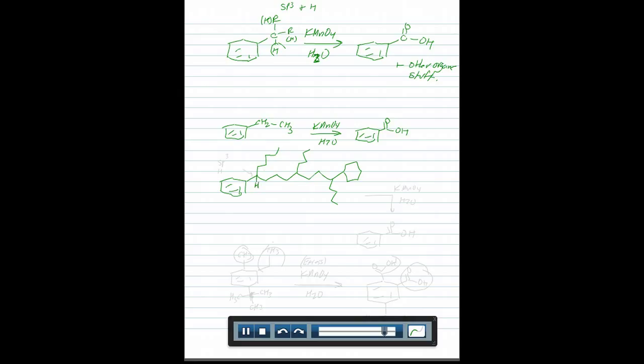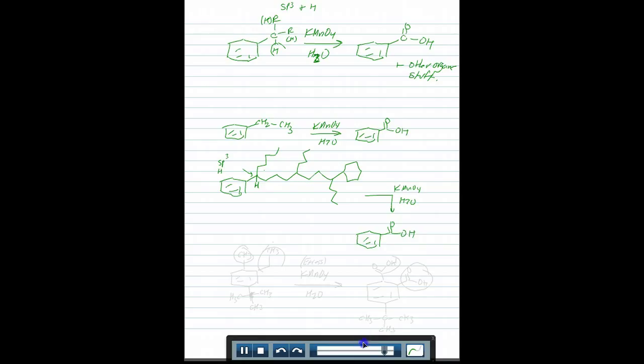I got a lot of carbons, but my benzylic carbon is sp3 hybridized and has a hydrogen. As long as it has those two things, if I add KMnO4 and water, you still get benzoic acid. So it's kind of a neat reaction. It cleaves everything off. All the other stuff, again, that's the other organic stuff, not really that important.